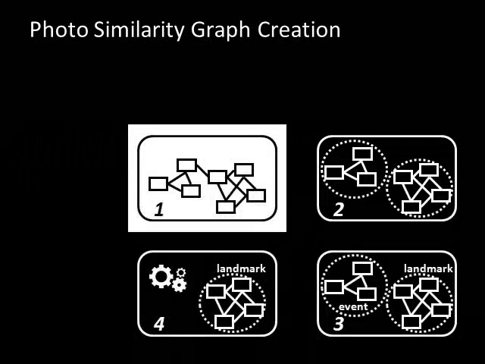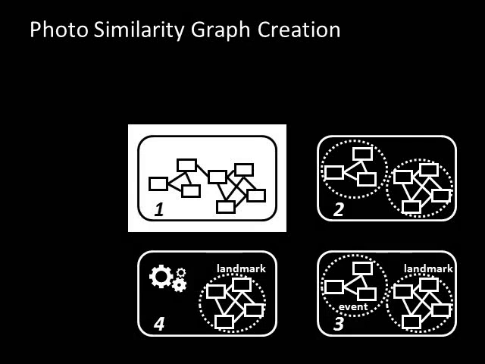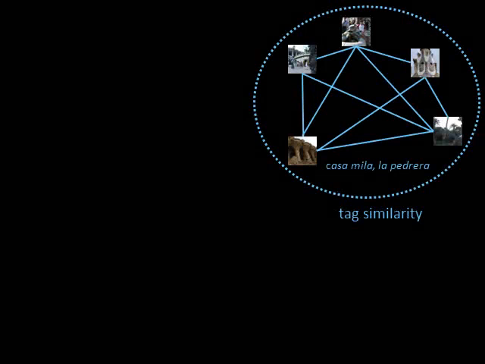In our first step, we create a hybrid photo-similarity graph, that is, a graph containing the photos as nodes and their pairwise similarities as edges. We exploit two kinds of similarities between photos. First, we take advantage of the fact that users describe their photos by means of tags. When two photos are described by similar tags, we insert a tag similarity link between them on the graph.